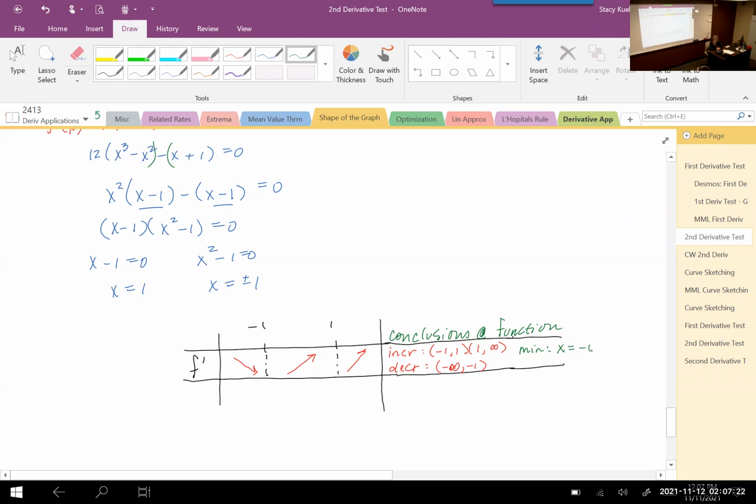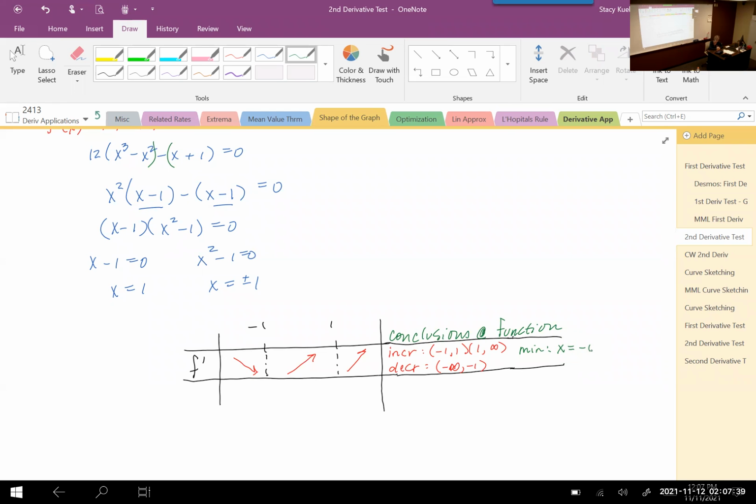When x is equal to -1, what's y? Not really, because I already solved it, right? Oh, never mind. Okay, so I don't have a max though, do I?